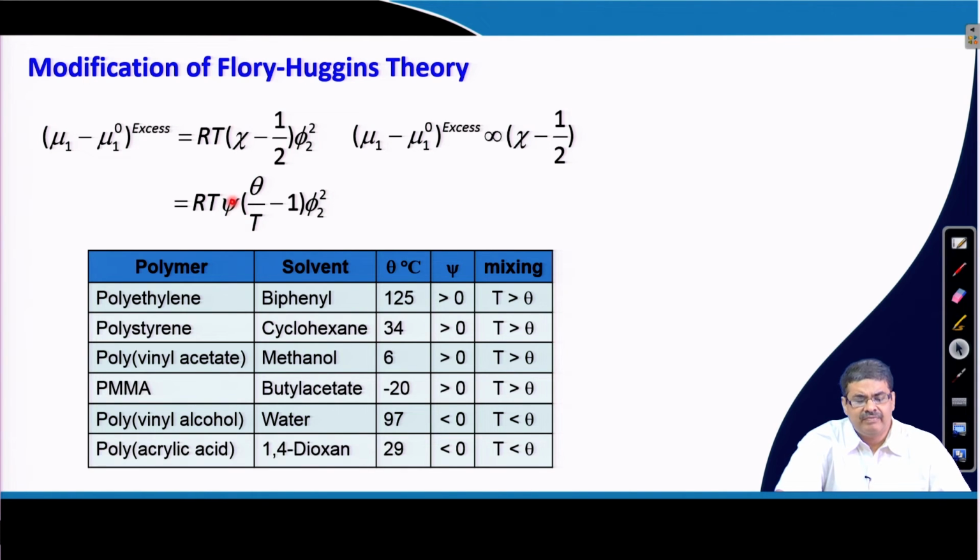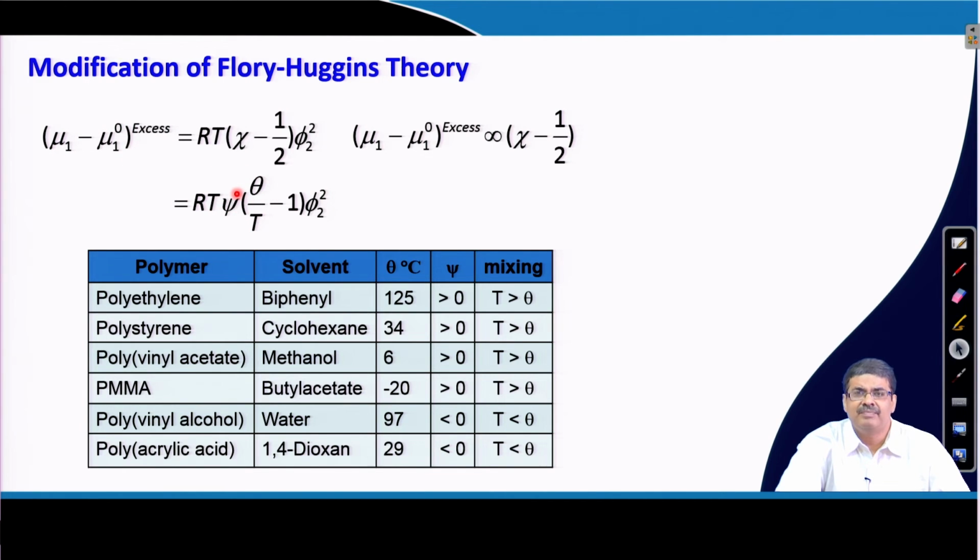Now, for most solvents, this entropic term is positive, which means on dissolution, due to contact interaction between the solvent and solute molecule, the entropy change becomes positive, and in this case the mixing will happen only when the temperature is greater than the theta temperature. In that case, this term becomes negative.